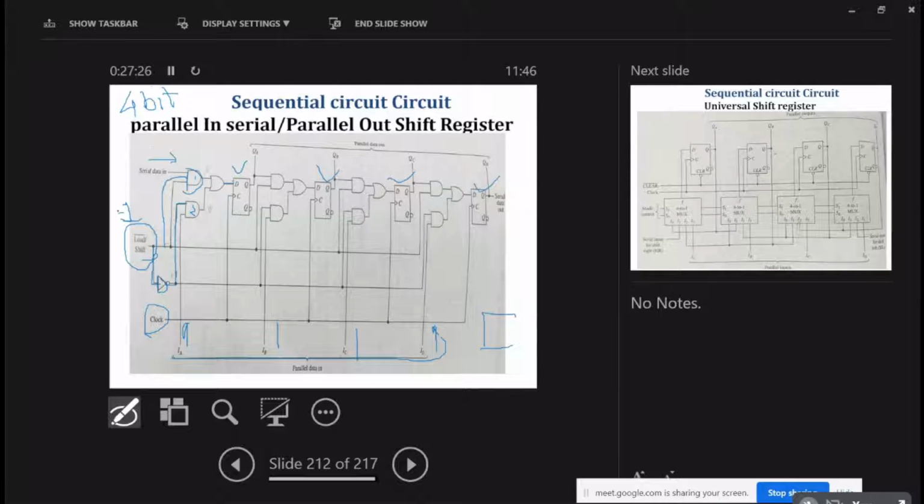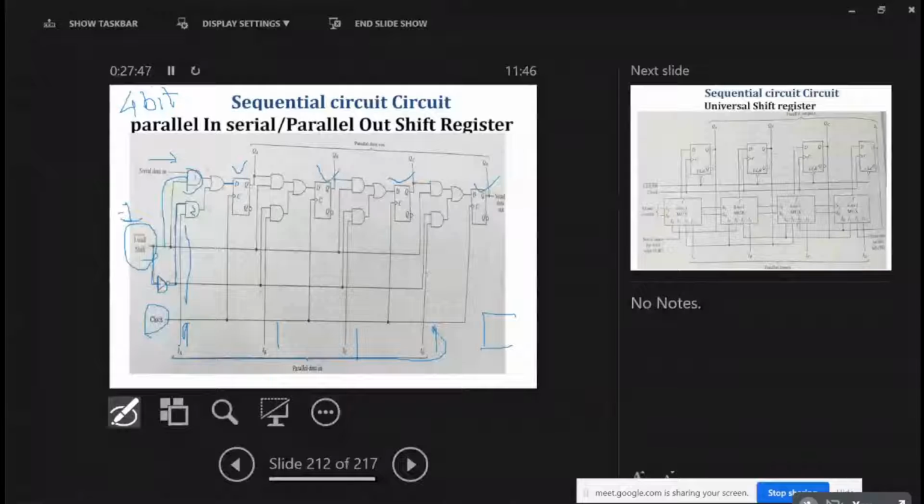Whenever we want the information to be entered in parallel or in serial, the information is ANDed with the complement value of the load. If we observe each and every flip-flop input, this is the first information, this is second, this is third, this is fourth.